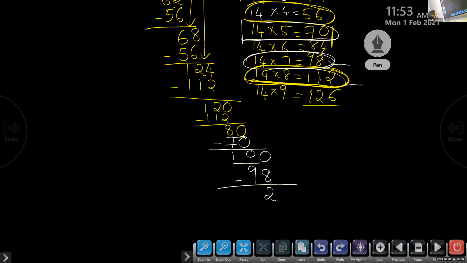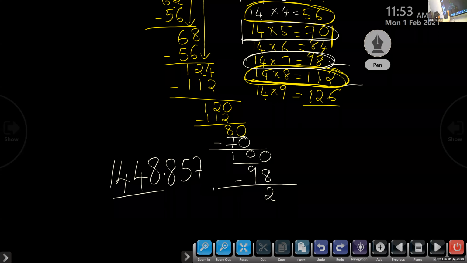So children, what is the answer you got? 1448.857. We will stop by this, okay? Because we are going to find out only 3 decimal places. So children, till we add 0, that all division is same.